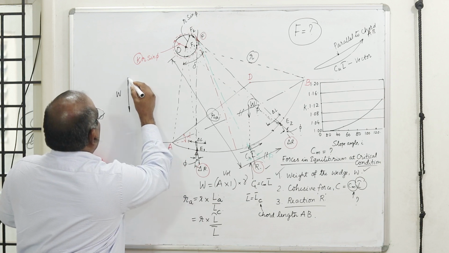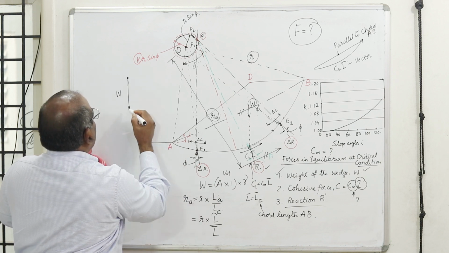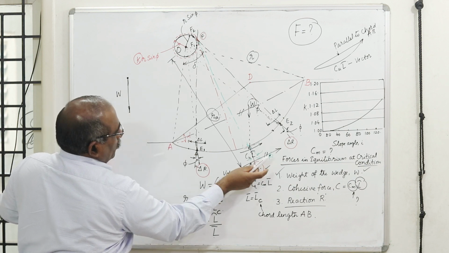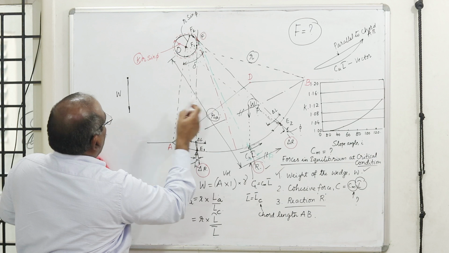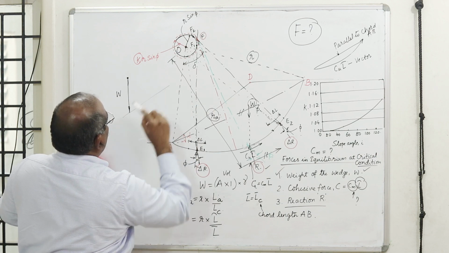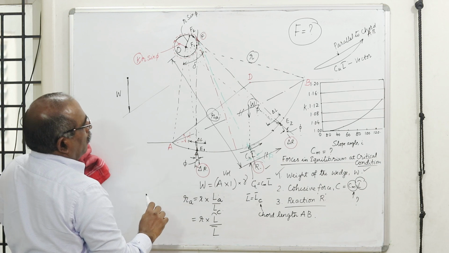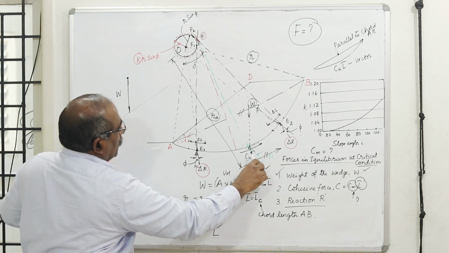This is the head and this is the tail of the force vector. Now I am going to draw a line parallel to the chord, and I got the reaction R.